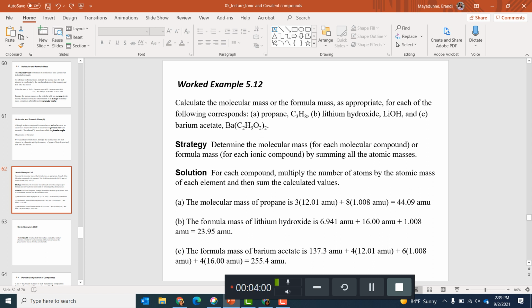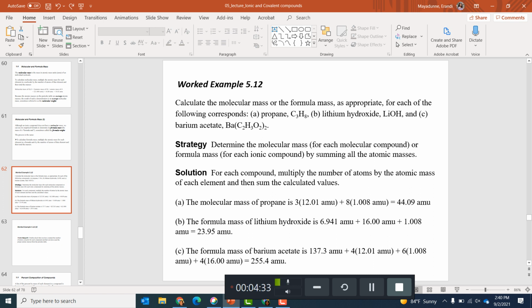So I have this quick question. Calculate the molecular mass or the formula mass as appropriate for each of the following compounds. Propane, C3H8. Get the mass of carbon, which is 12.01, multiply by 3, because you have three carbon atoms. Hydrogen 1.008 by 8, and you add all together. Lithium hydroxide: get the mass of lithium, 1 atom, oxygen and hydrogen, you add all together.